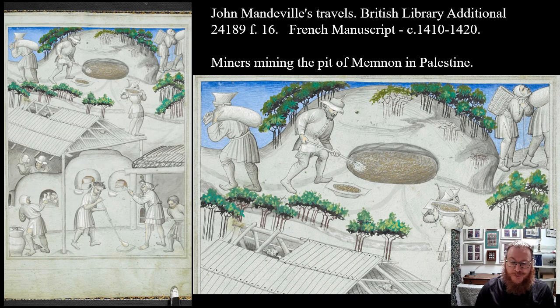Now, this wonderful manuscript illumination is a great place for us to start as we explore glassmaking. It's an illumination dating from the early years of the 15th century, from between 1410 and 1420, and is part of a French manuscript in the British Library of Sir John Mandeville's Travels.